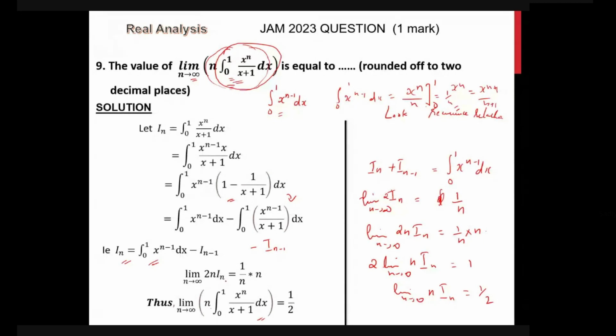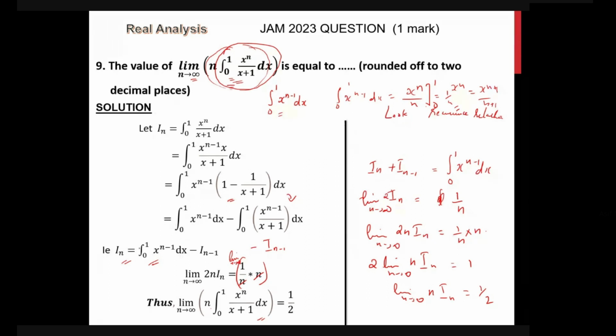Limit n tends to infinity of 1 by n into n. This n and n get cancelled, and after that there is no n left, right? So that is limit n tends to infinity 1, so that is 1.